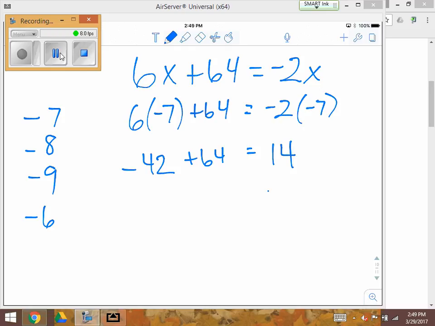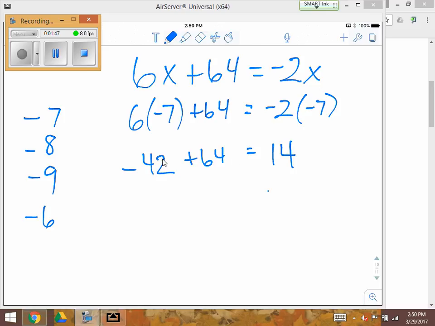Okay, so we want this right over here to equal 14. And if it does, then -7 was the right choice. Because right now on the right-hand side we have 14.